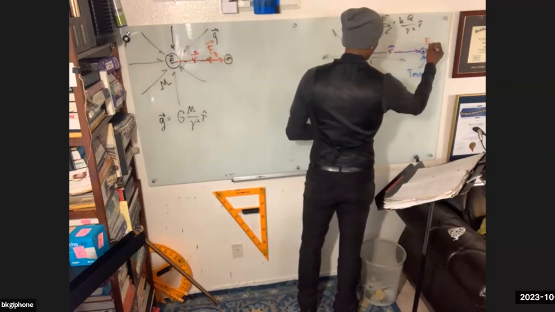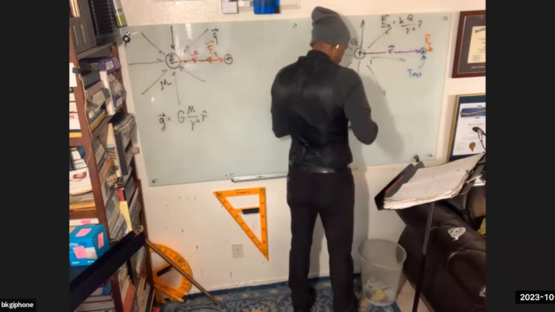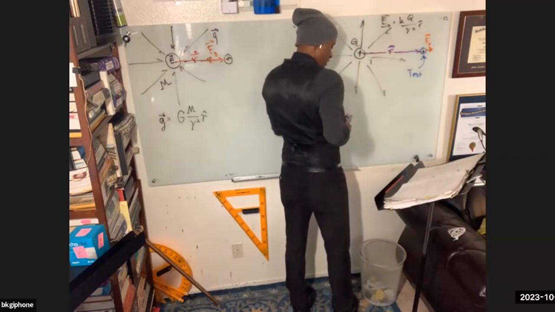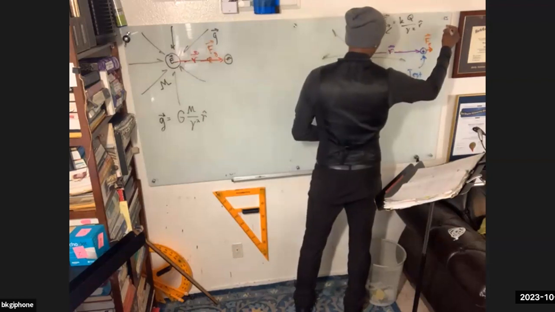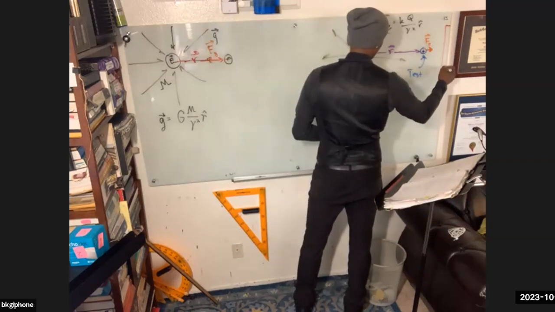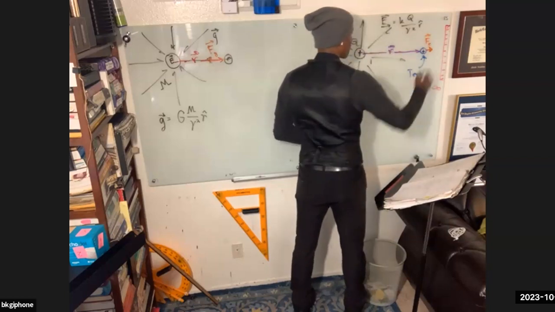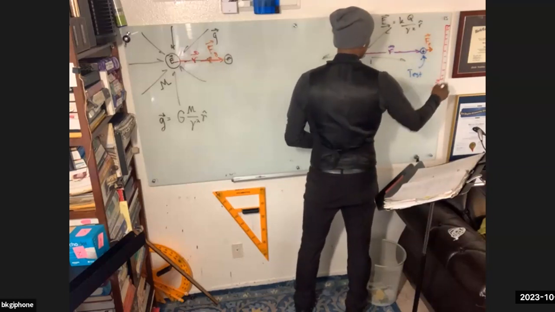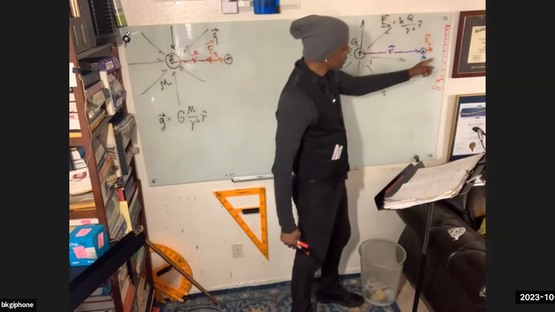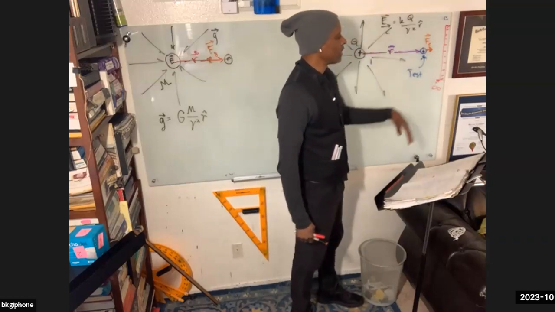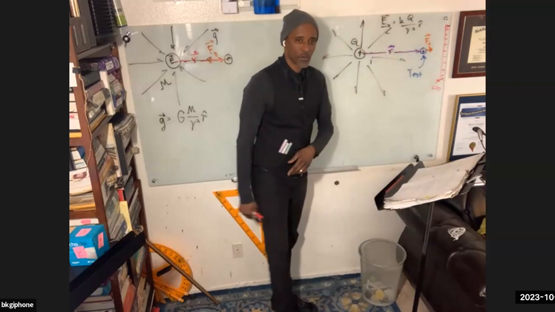That's F. And the infinity wall, W-A-L-L, is this guy. That is infinity right there. When my charge gets over there, it's so far away that F actually goes to zero.